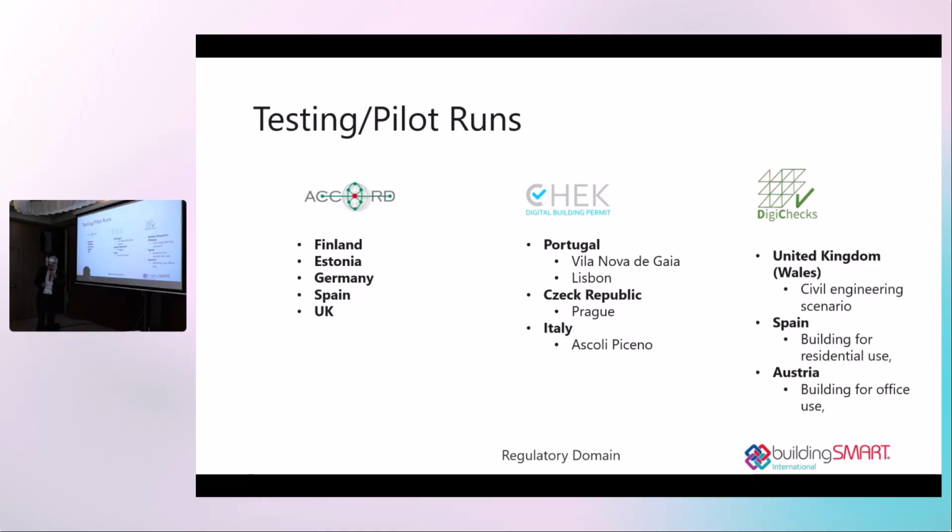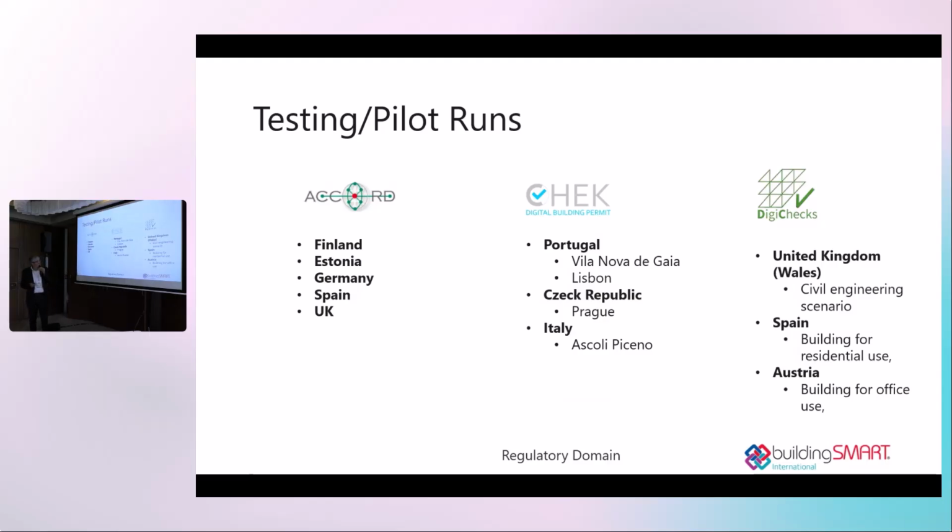All the projects have some pilots. In the case of ACCORD, they were working inside the actual projects of Finland and Estonia, and they also did some activities in Germany, Spain, and UK processes. I remember that they are working at the national level. Portugal, in the case of CHEK, those are the names of the municipalities.